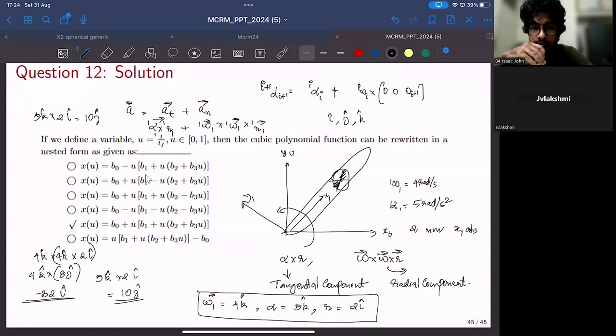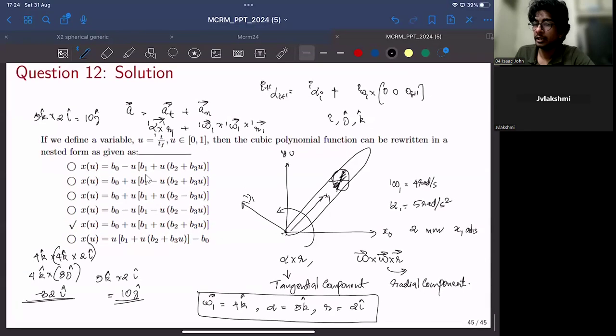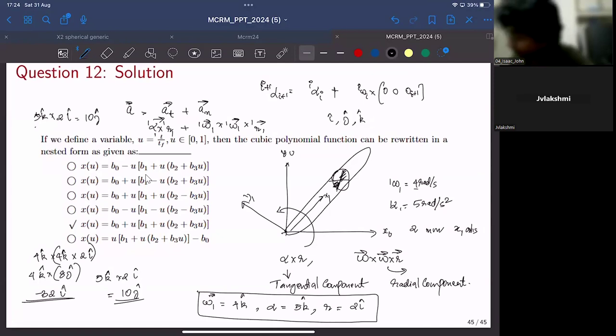Correct. Actually, minus, because if you know the fact that centripetal acceleration is always towards the center, you can simply multiply this. You can always multiply it, 4 multiplied by 4 multiplied by 2. You will get 32, and you only need to put a minus before it because centripetal will always be towards the center.